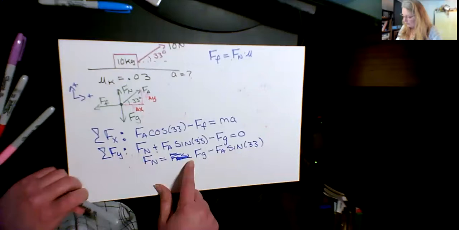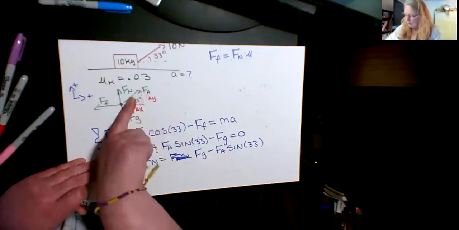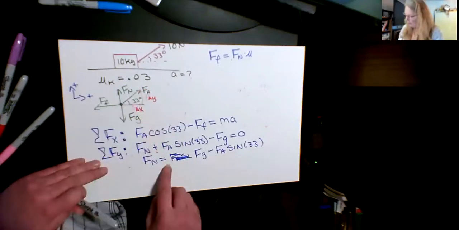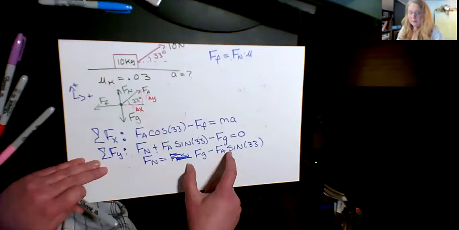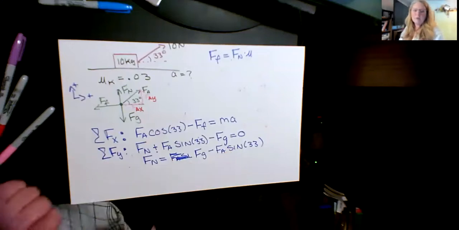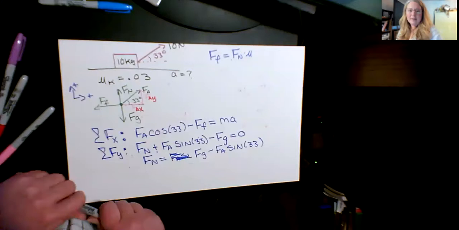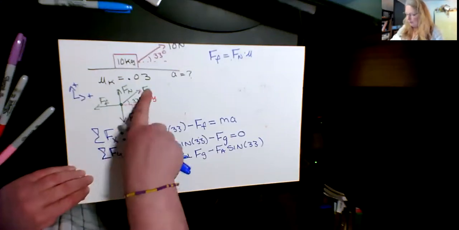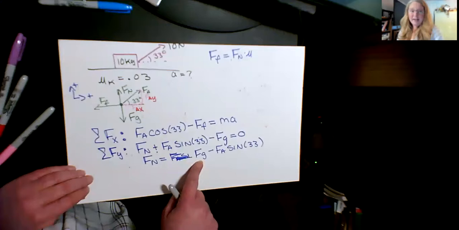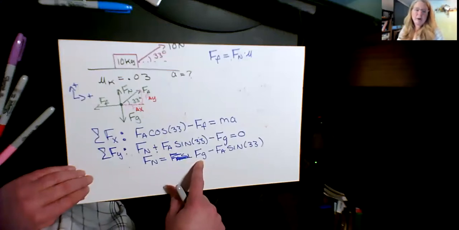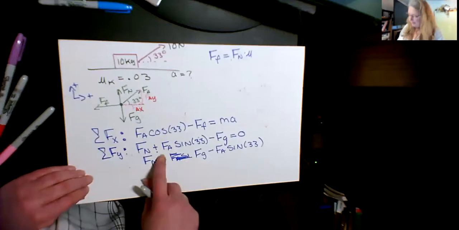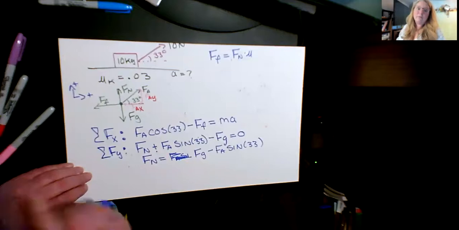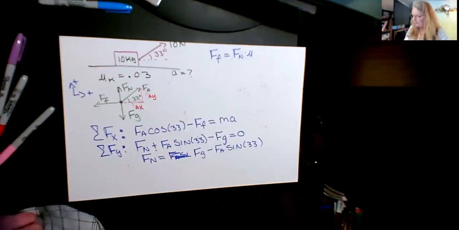When I first wrote this over here, I'm doing a motion of lifting something up. If this was negative and I moved it over here, I've increased the force normal. That would be like pushing a lawnmower or something where you're pushing down on it. That's how you increase the force normal. Well, I'm not. I'm lifting up on it. So if that's the case, then I had to decrease the force normal from the force of gravity. So I realized I had an error in my sign, and that's where the error happened. So it's really good to pay attention to those things as you go.